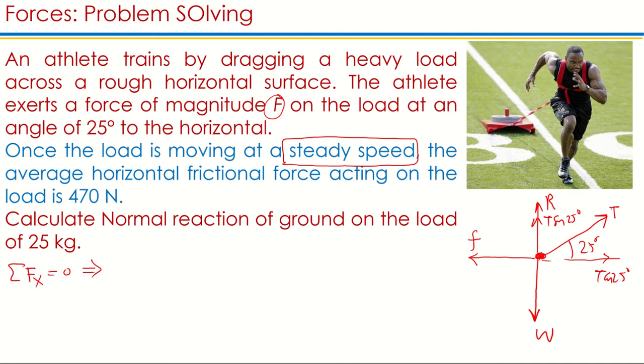That means T cosine 25 degree minus F equal to 0. Small f is used for the friction force. Tension in the string or force exerted by the athlete. So here we can find T, that is F divided by cos 25.